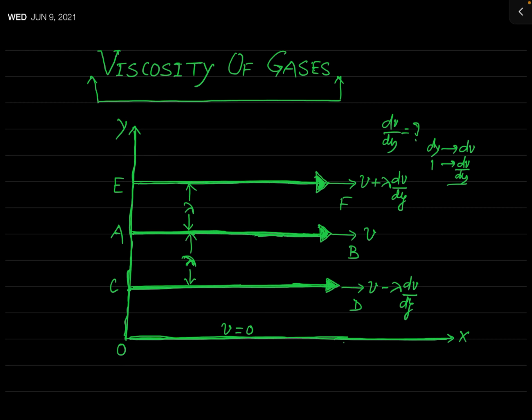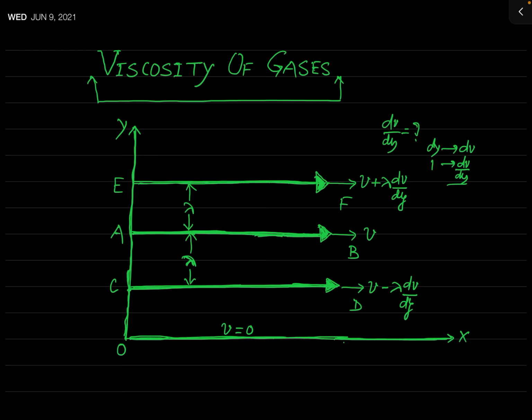Now we will see some calculations, and after the calculations, first of all we will get the expression for viscosity of gases, and after that we will discuss the effect of pressure and temperature on viscosity of gases. So first of all, see here, I have assumed that the flow velocity of the gas in layer AB is v, and dv by dy is the velocity gradient.